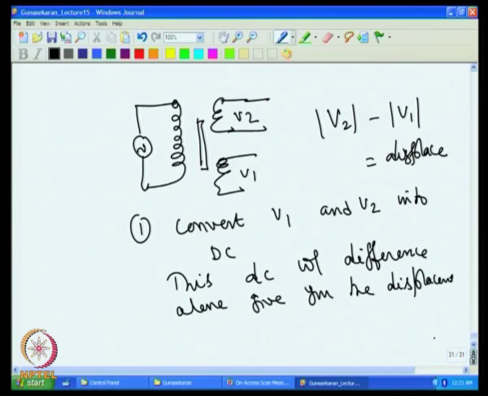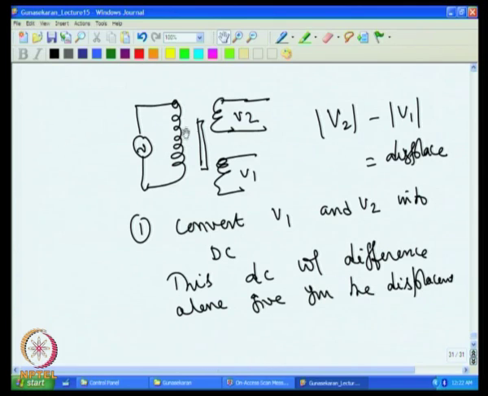Then the second problem is when the LVDT is used in the field, invariably you will find that the temperature of the entire unit changes. Now, we have an issue with that, because if the temperature changes, then the coil resistance also changes. The LVDT is wound in a smaller size and they use a very thin wire.